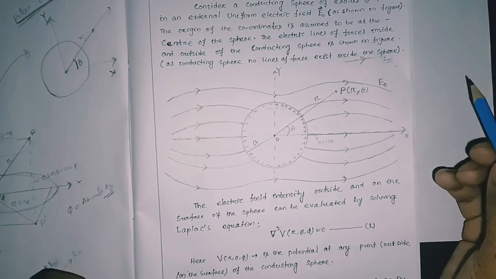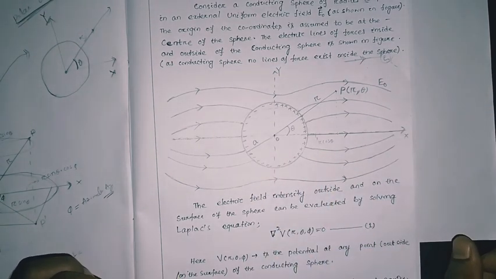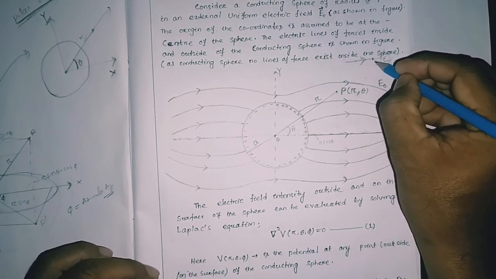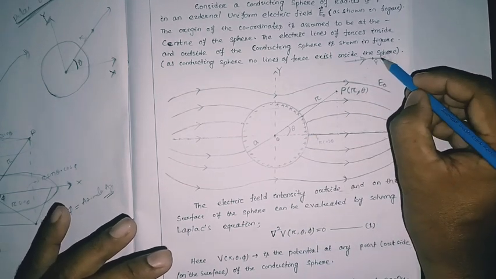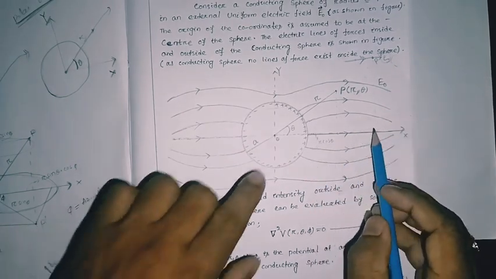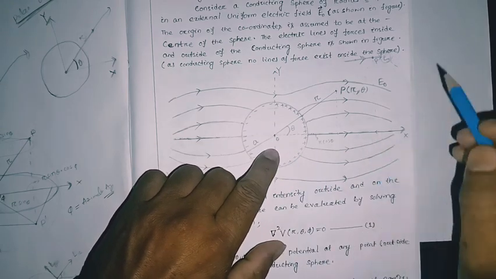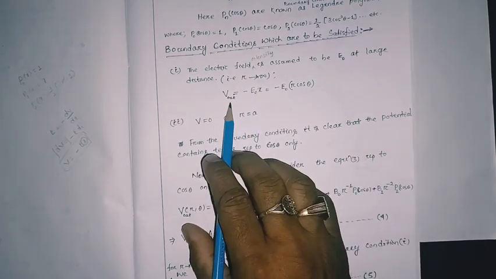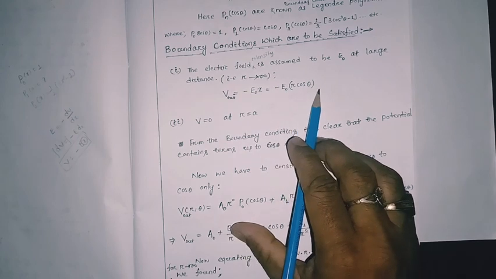The electric field intensity will be along the x-axis only, and the corresponding x component is r cos theta. So when r tends to infinity, V out will be minus E0 x, or minus E0 r cos theta.